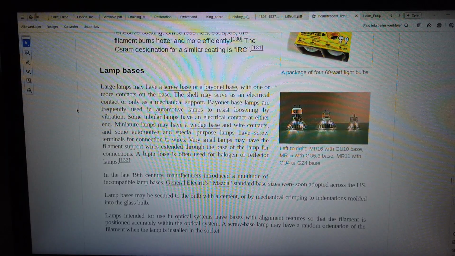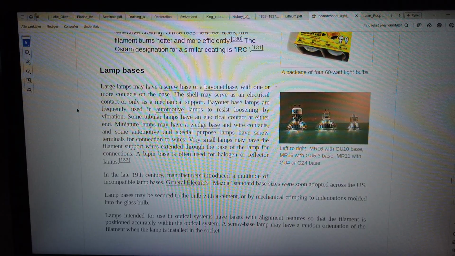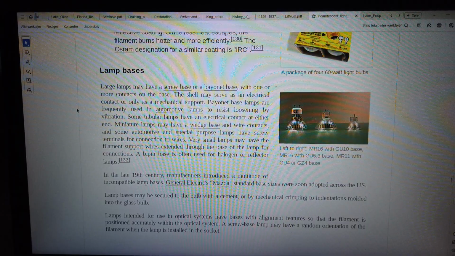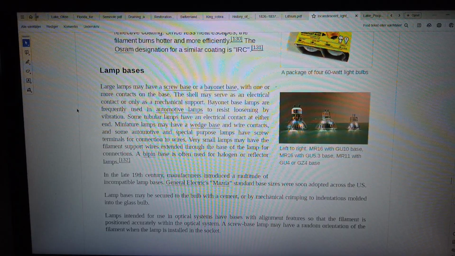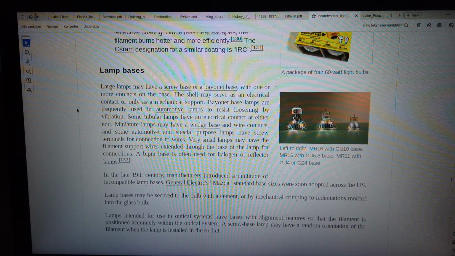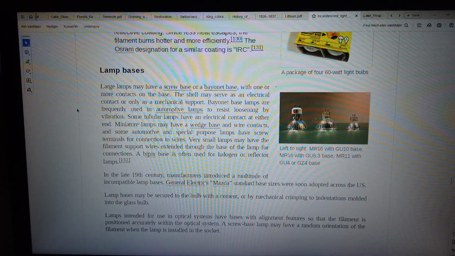Some tubular lamps have an electrical contact at either end. Miniature lamps may have a wedge base and wire contacts, and some automotive and special purpose lamps have screw terminals for connection to wires. Very small lamps may have filament support wires extended through the base of the lamp for connections. A bipin base is often used for halogen or reflector lamps.